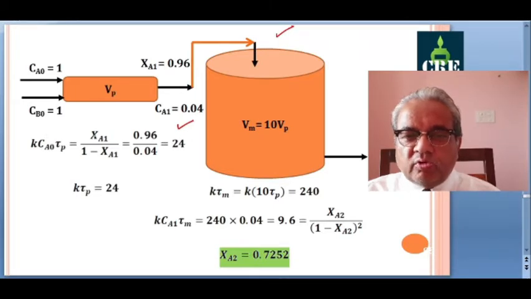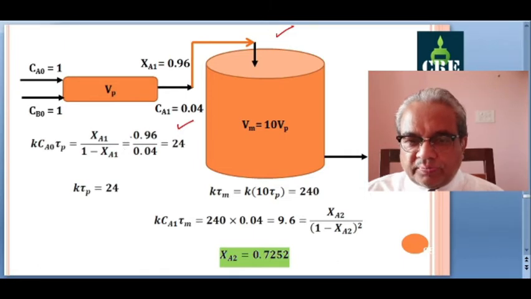K Ca0 tau P is equal to Xa1 by 1 minus Xa1 for second order reaction. So 0.96 by 0.04, and this comes out to be 24. So Xa1 we know it is 0.96, so 1 minus Xa1 is 0.04.